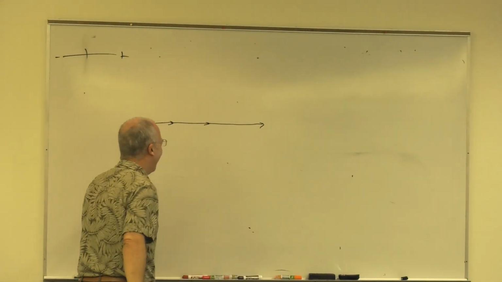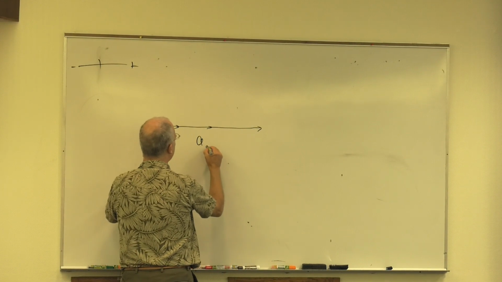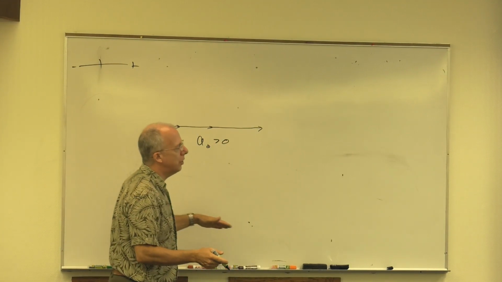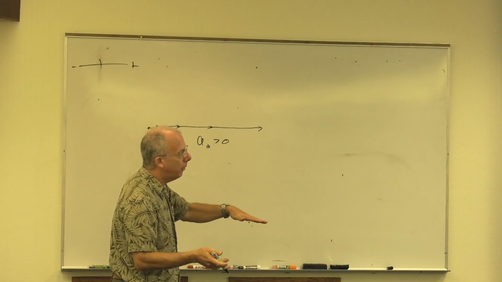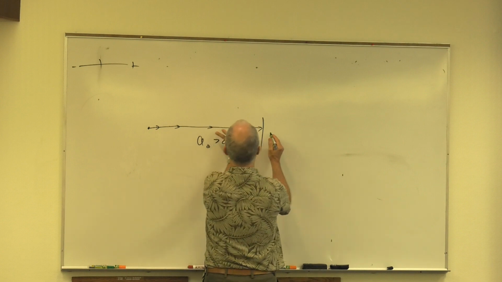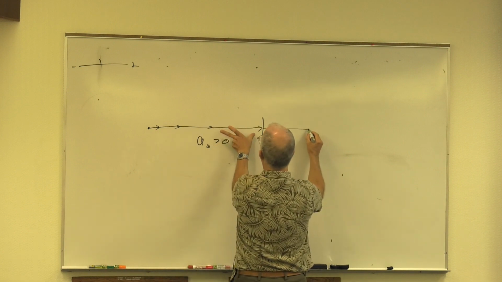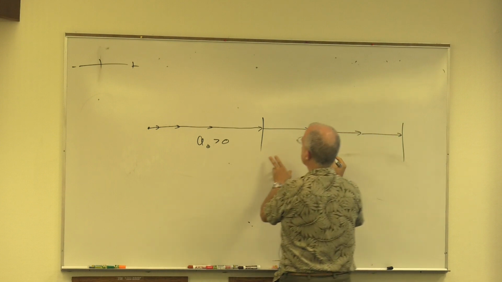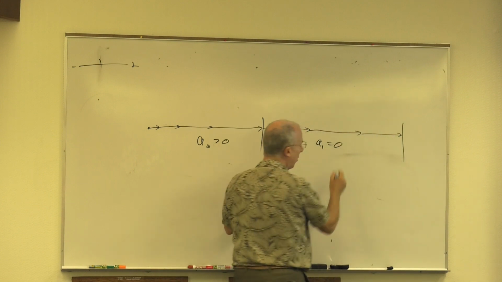So A0 is positive, right? He accelerates, but then what does he do? He gets his top speed at 15 meters per second, and then he continues to run at that top speed. So here, call it A1 is 0, right?